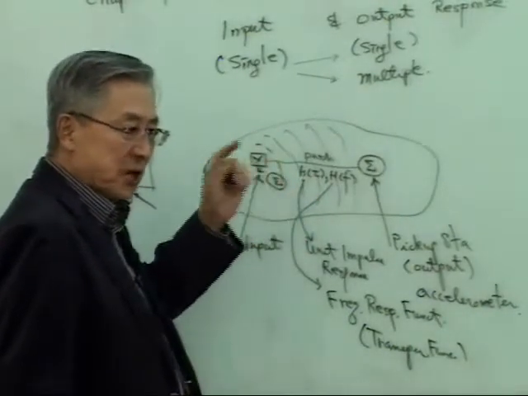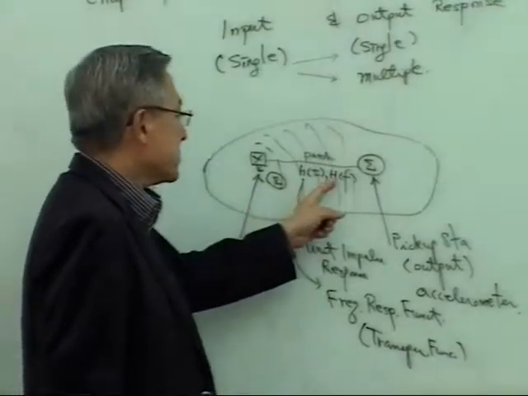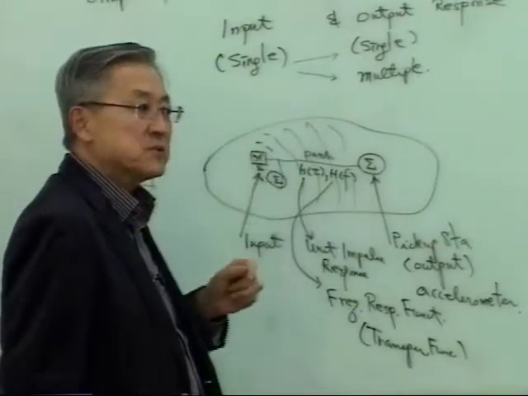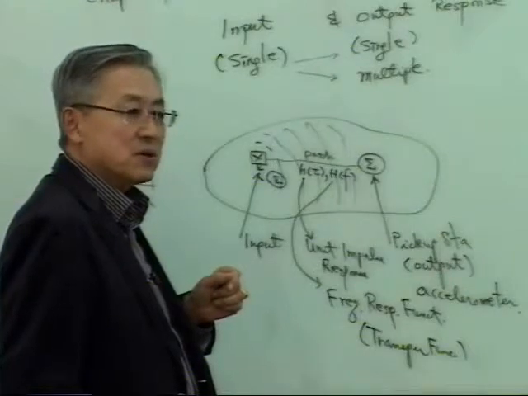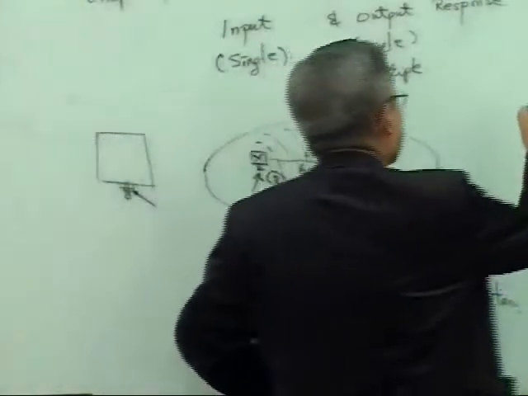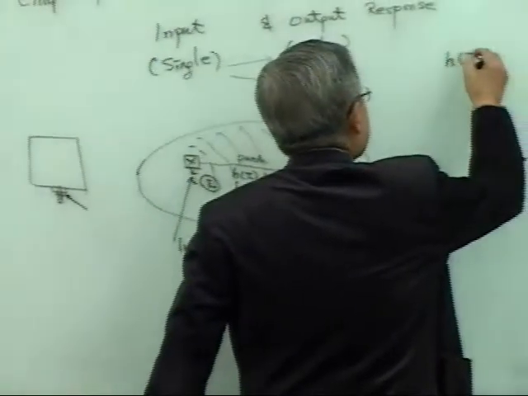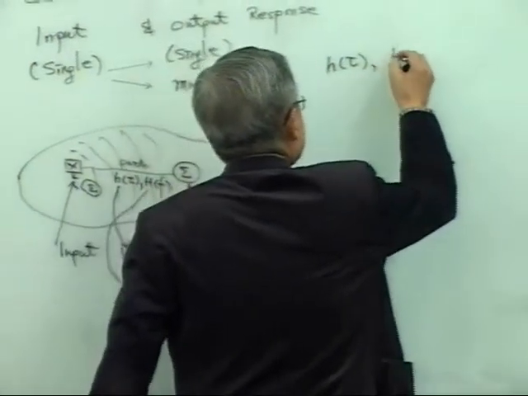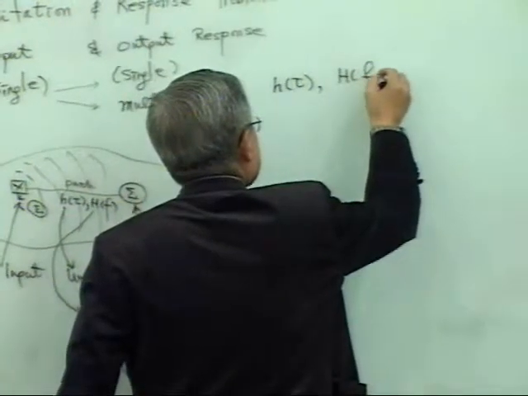Small h is the time domain function, capital H is the frequency domain function, h of tau and capital H of f.